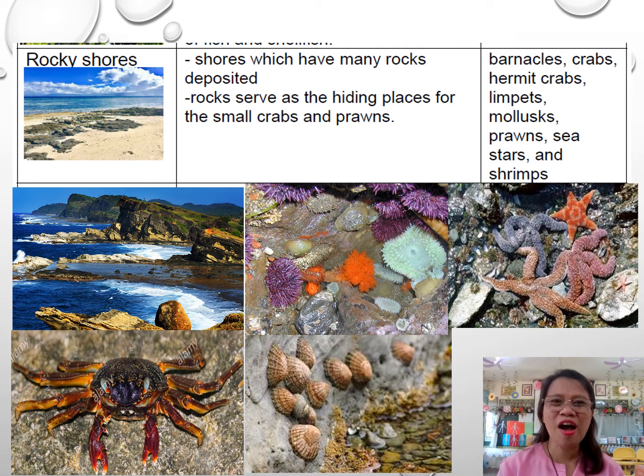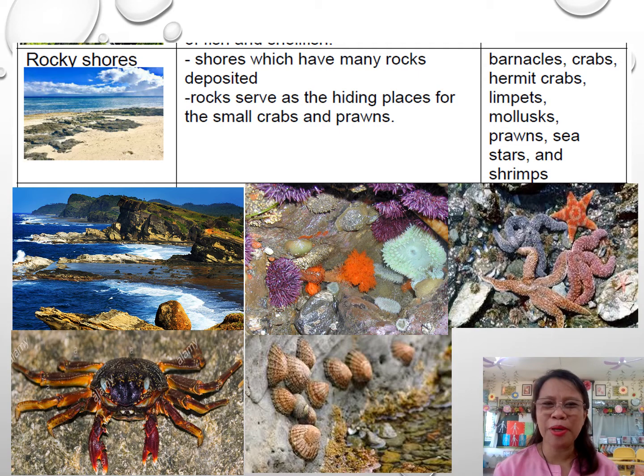And then we also have rocky shores. Okay, ang dalampasigan natin, daplin sa dagat is full of rocks. Shores which have many rocks deposited. Rocks serve as the hiding places for the small crabs. So kanang mga small crabs nga na mutago sa mga bato-bato.